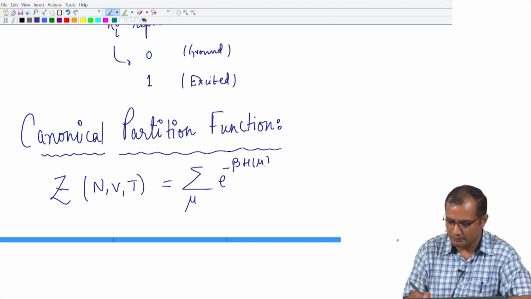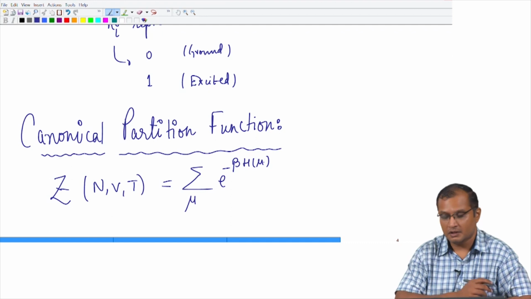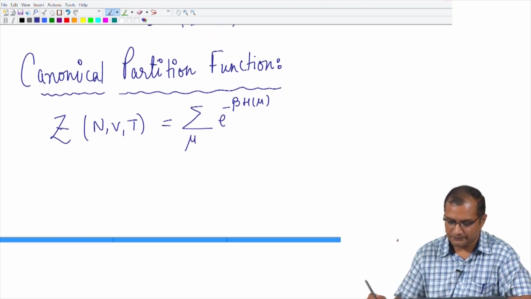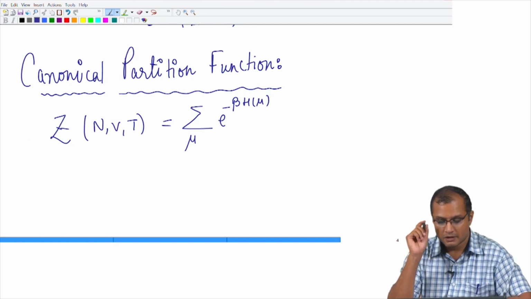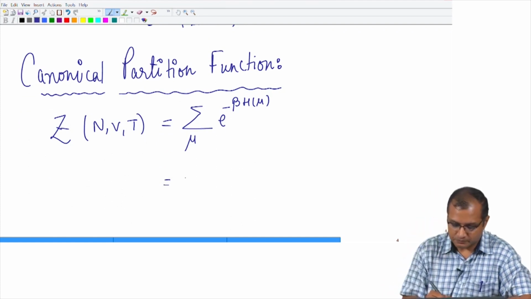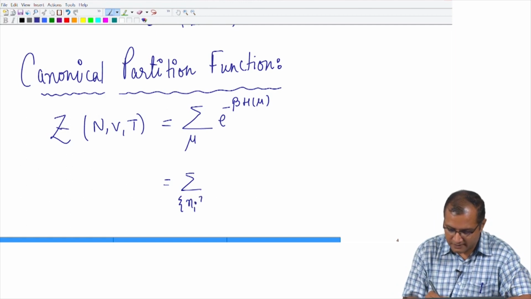Okay. Now, our microstate for a given value of temperature is nothing but the specified values of excitations.